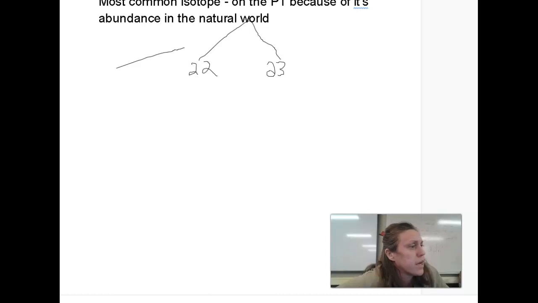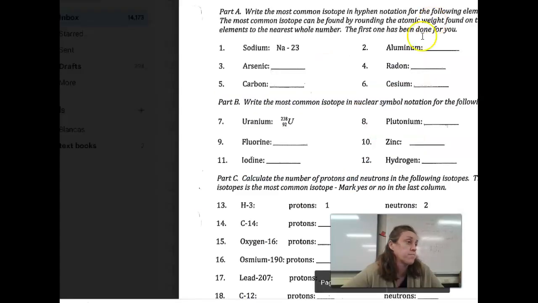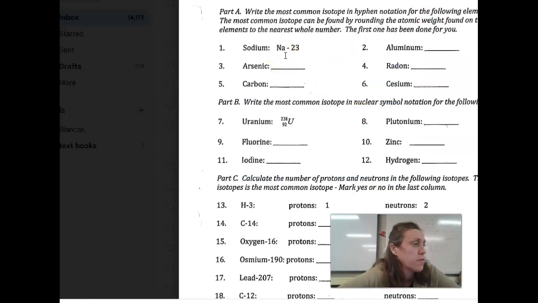Where's the spaghetti at? Really close to 23, so it's going to roll down to 23. So that is just like our assignment. I'm going to give you a few seconds with this. I'm just running out of time. So that's why it would be sodium, the symbol Na.